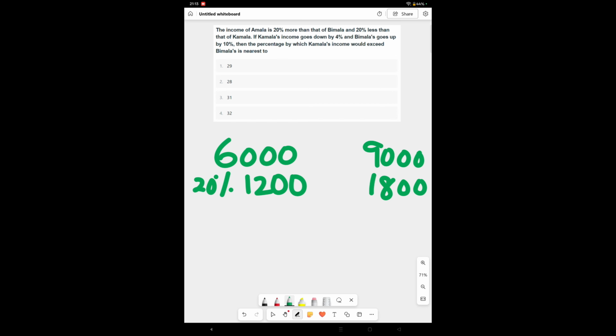Now let's find Amala from these numbers. So 6,000 plus 1,200, 20% more, is 7,200. Does this satisfy for Kamala? 9,000, subtract this 20%. Yes, it is 7,200.